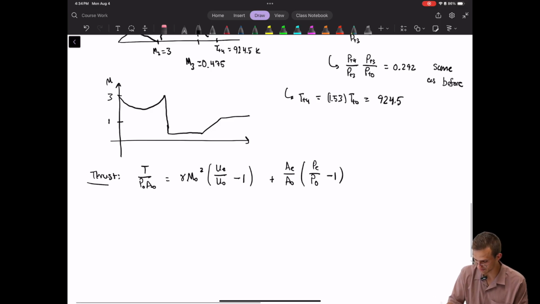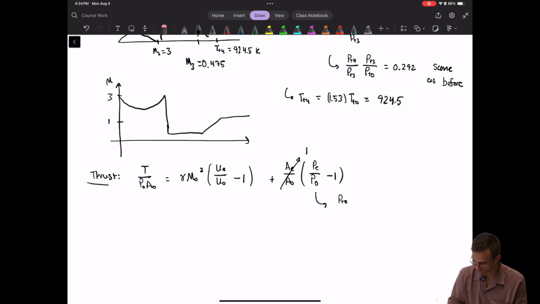We know that, first of all, this ratio is 1, so we don't have to worry about that. We can actually calculate this pressure ratio using the stagnation conditions and the Mach numbers. We know that the Mach number at the exit is essentially 1.